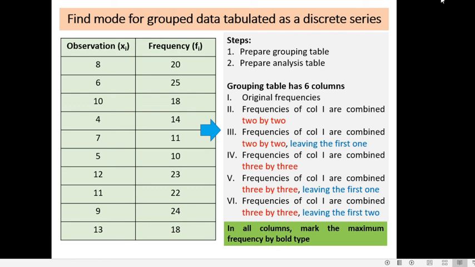So we will go to how we do it. This is not in increasing or decreasing order. So before preparing a grouping table, we have to arrange the values of observations in either ascending or descending order.